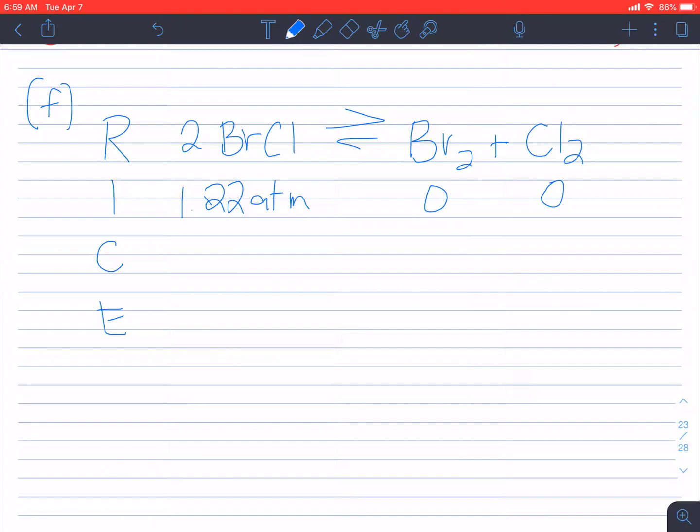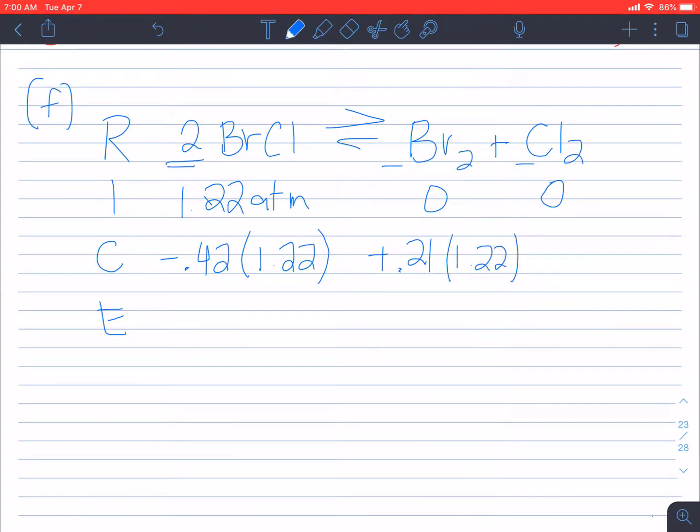Now, because 42% of BrCl has decomposed, we can subtract 0.42 of 1.22, whatever that is. And we know that because this is 2, this is 1 and 1, that we're going to add half of that, so 0.21 times 1.22. And my kid just woke up, so bear with me. You might hear him in the background.